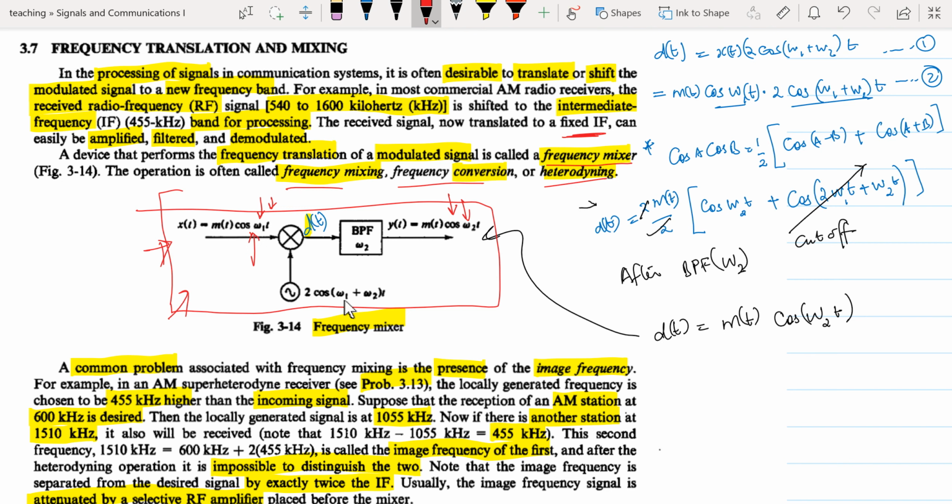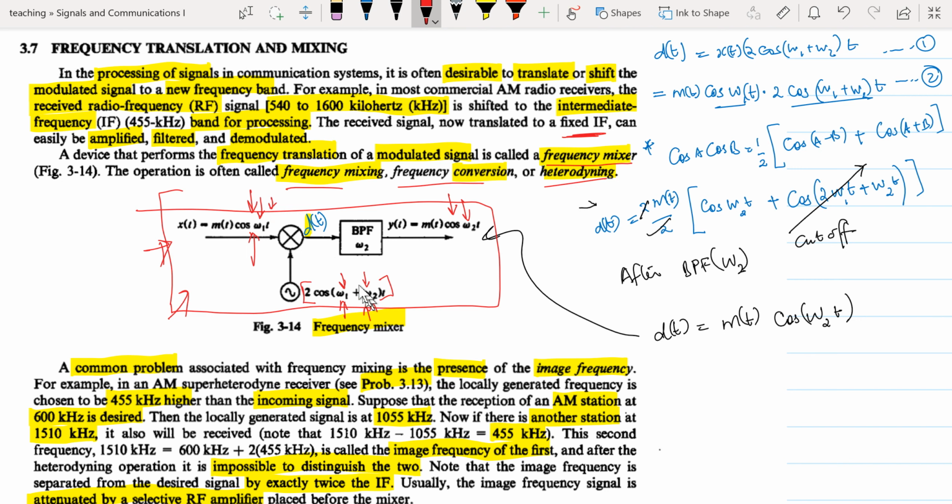This is multiplied with another locally generated signal having frequency omega 1 plus omega 2. So this is our desired intermediate frequency, and this is the carrier frequency that was used to carry our signal, and therefore it was the modulated carrier.